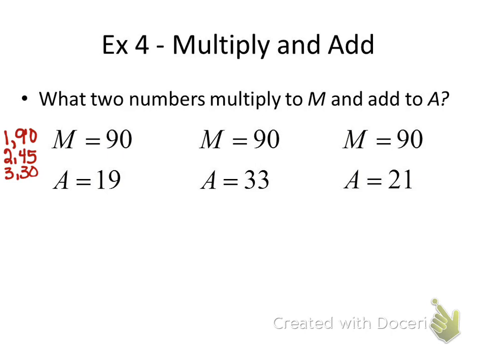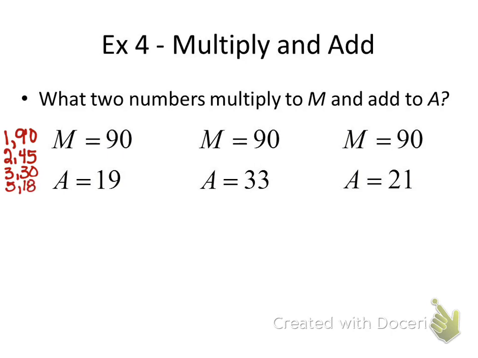What do you get? Okay, so you get a decimal. So does that work? Is 4 a factor of 90? No. So now 5 times what equals 90? 18. So 5 and 18 are going to be factors.